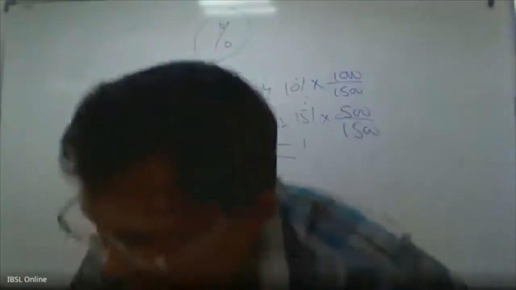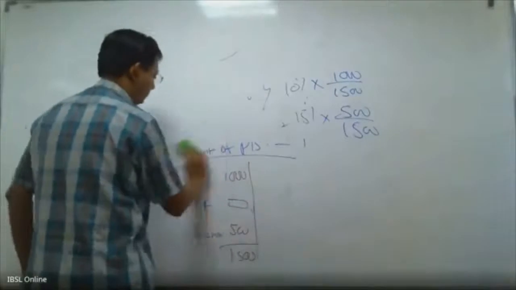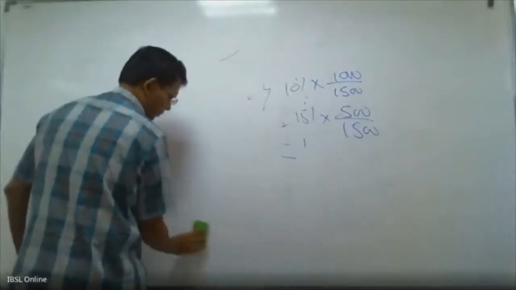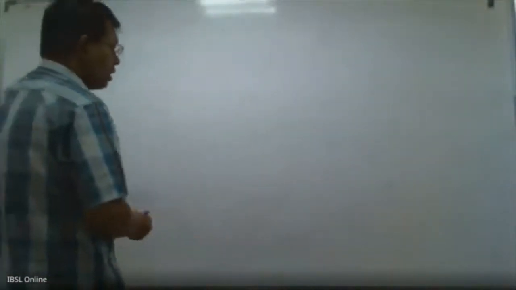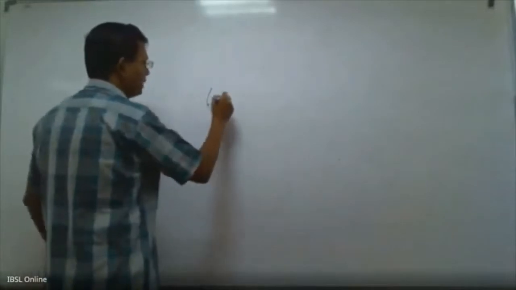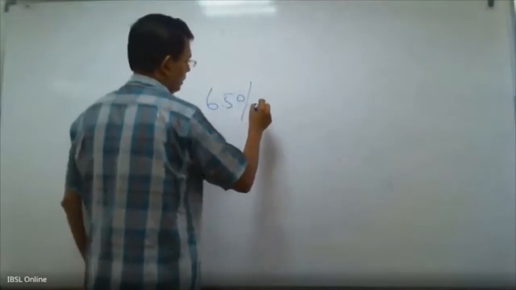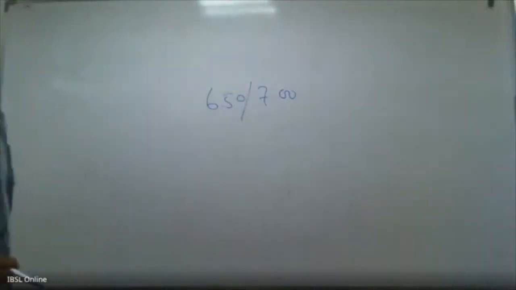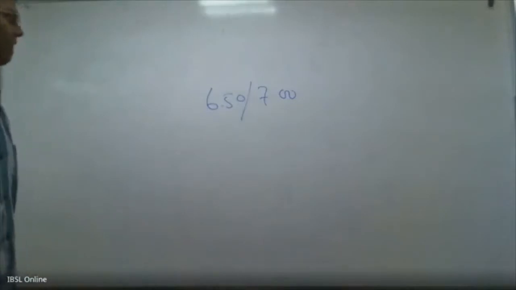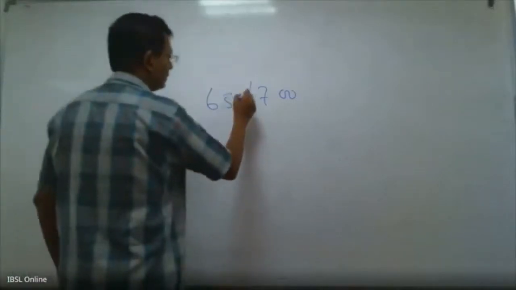Now see, two-way quotes. In relation to government securities, somebody can say 6.50, 7. This is percentage.